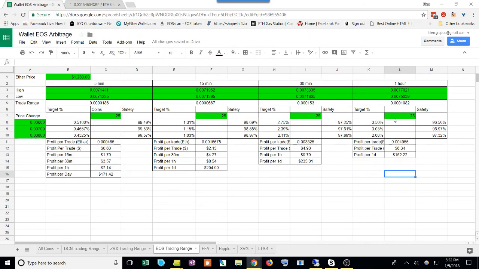Maybe a little bit smaller, or no, it's bigger than this. 275. Yeah, it looks like even though the target percentage is higher, it didn't make sense. So maybe with a higher percentage, I might want to go with the higher trade amount because it doesn't happen as frequently, and I can increase the amount.